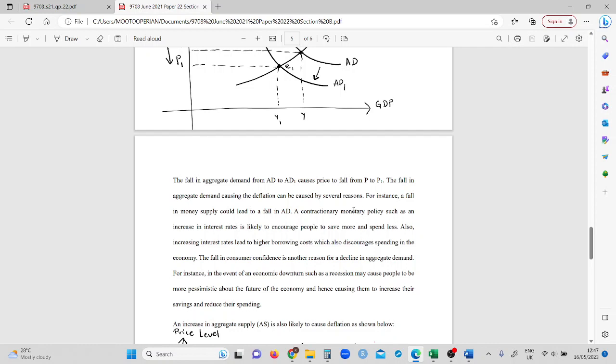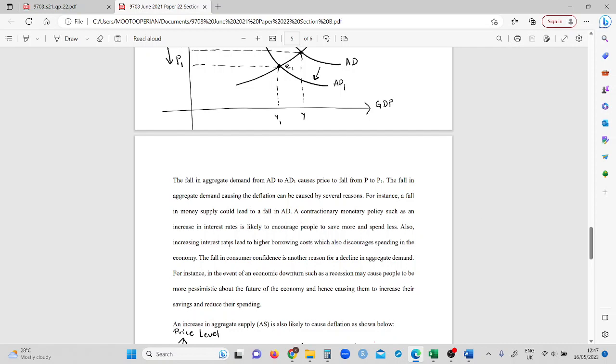So, for example, when we say monetary, it is in relation to the rate of interest. A contractionary monetary policy, such as an increase in the rate of interest, is likely to encourage people to save more and spend less. Okay? For example, the bank increases the interest rate to encourage people to keep money in the bank instead of spending.